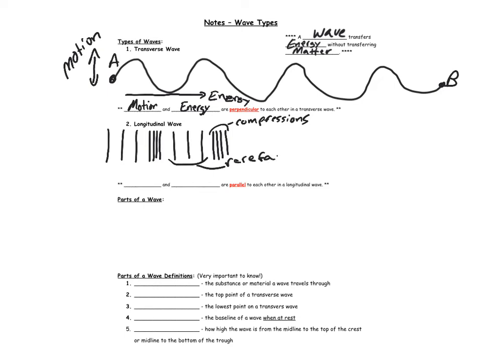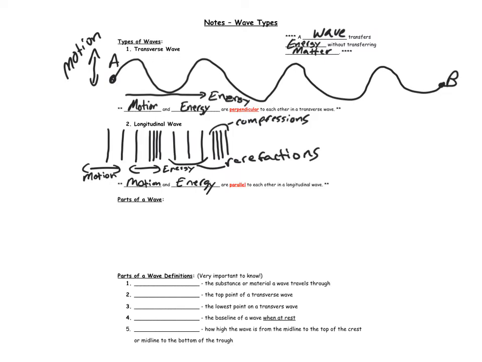And the important thing for this is that the motion is going to be back and forth, and the energy is going to be back and forth. And so in a longitudinal wave, the motion and energy are parallel to one another. Okay. Now, I'm going to try to draw what it looks like in sound. In sound, just so you can imagine this, you've got particles in air.